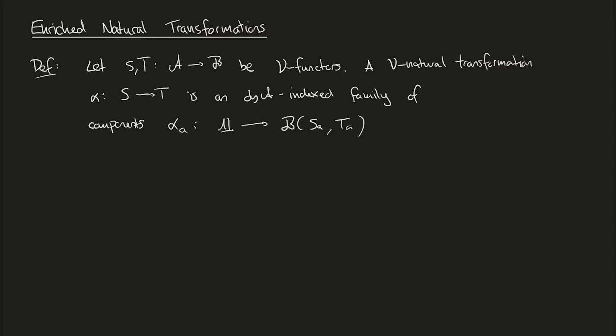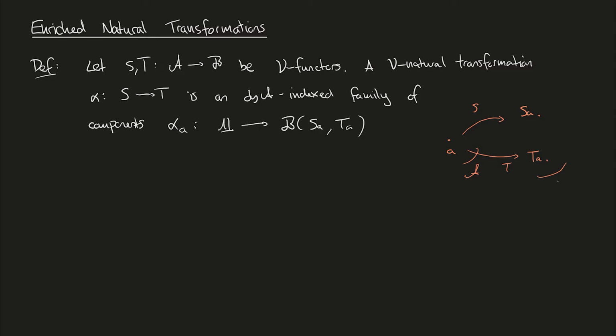We can think of this component map as picking out some element of the Hom object between the image of A under S and the image of A under T. We can draw a diagram of this. So we have some object A in the V-category A, and this is mapped under S to SA and under T to TA.